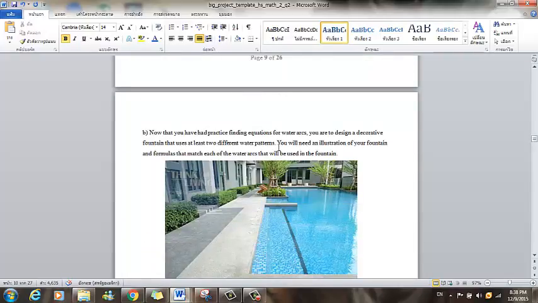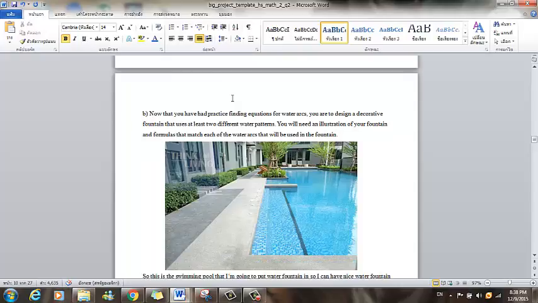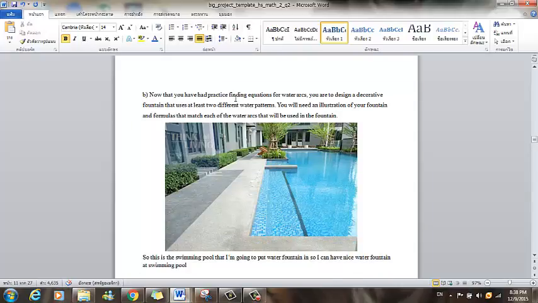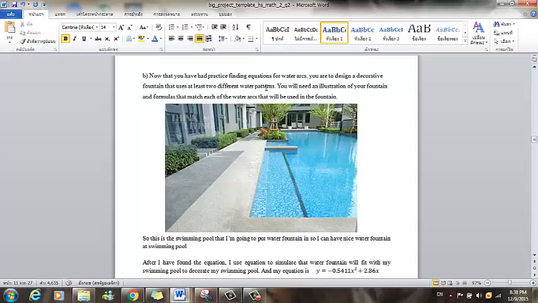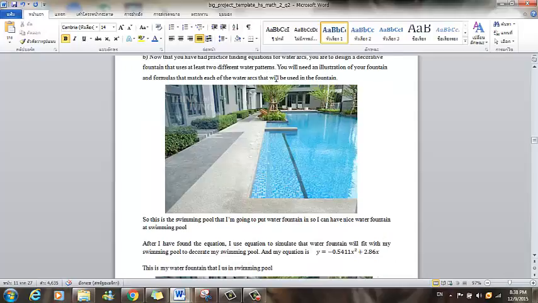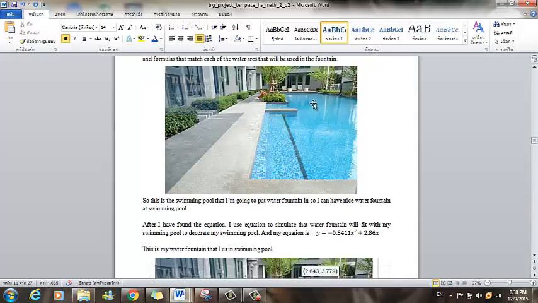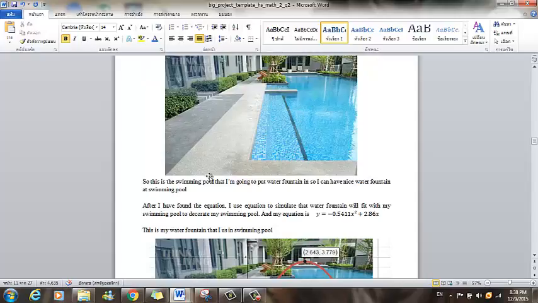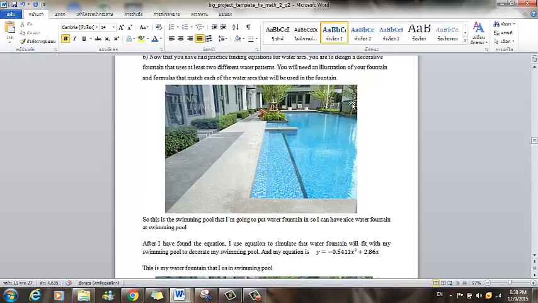For section B, I have to find the equation of a water arc or anything that I want, but in this I have to find the water arc for my swimming pool. So this is the swimming pool that I'm gonna put my water arc in. It's gonna be a nice swimming pool with a water arc.